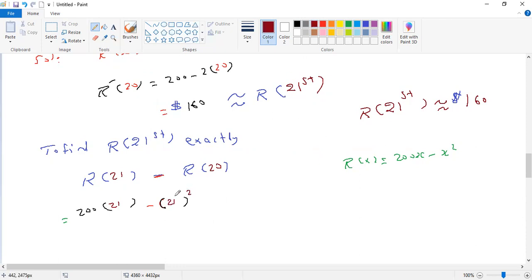This represents the total revenue from the sale of 21 units.